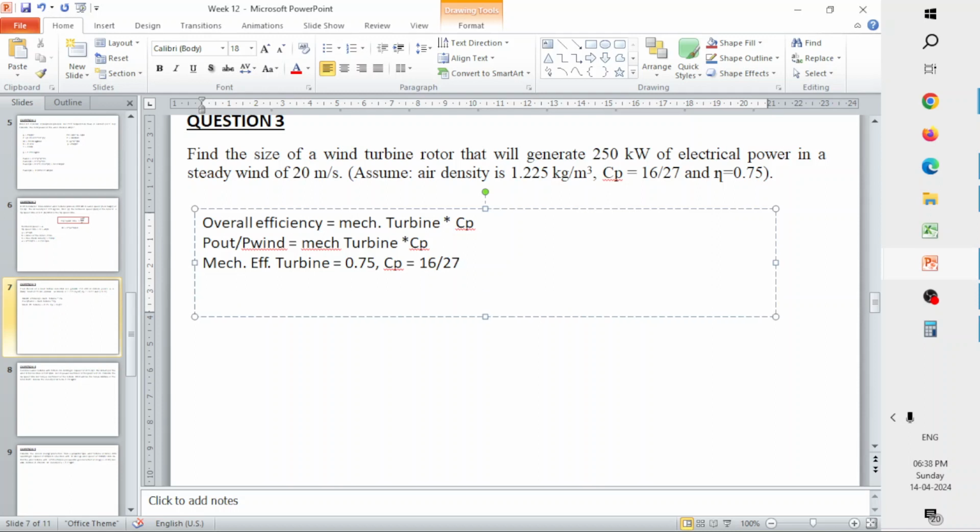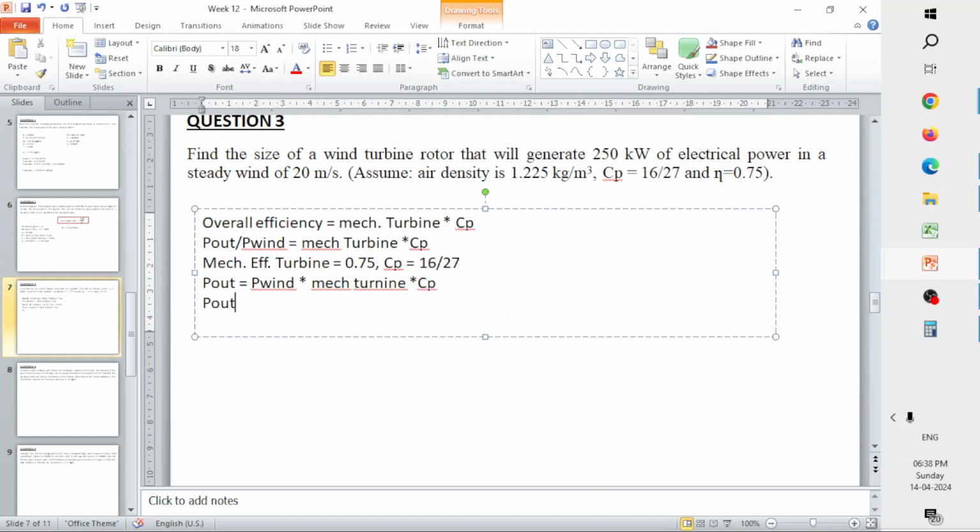So P out, the power that can be drawn from the rotor, can be written as P wind times the mechanical efficiency of the turbine times Cp.